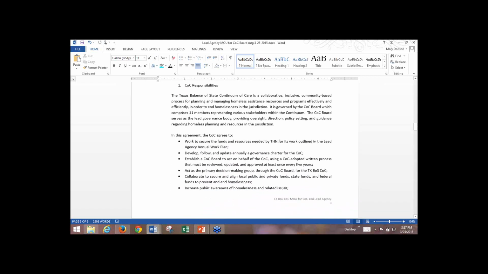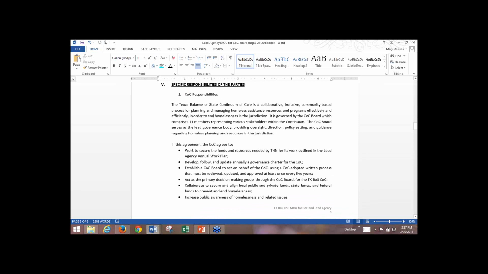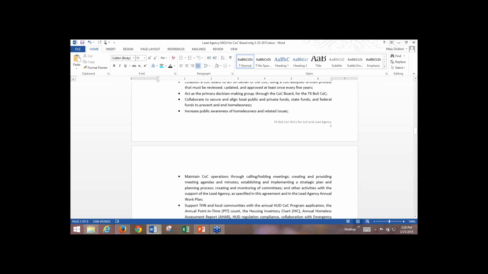Specific responsibilities here are those that are the COC's responsibilities, and you'll see there are things like working to secure the funds and resources needed for THN to do the work of the lead agency, to develop and follow and update annually a governance charter for the COC, which you guys will do with our help, establish a COC board to act on your behalf, which you have a current board but, now that you've approved the new charter, we'll be electing a new board in October, and so on and so forth.